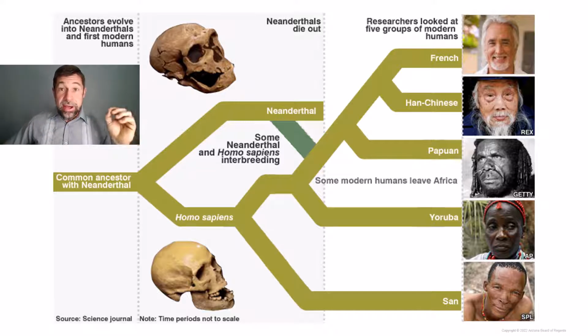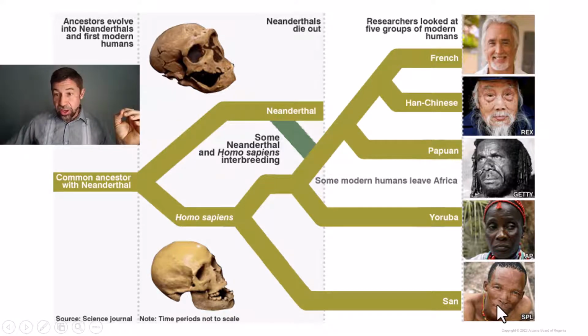We now have evidence that those humans interbred with the Neanderthals, as approximately 2% of European and Asian genomes are actually Neanderthal genes.